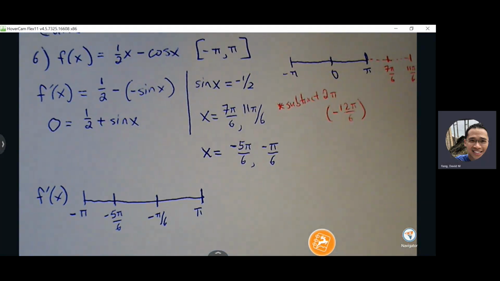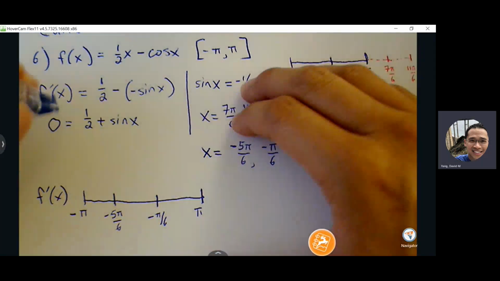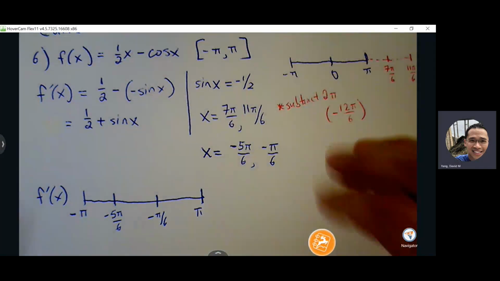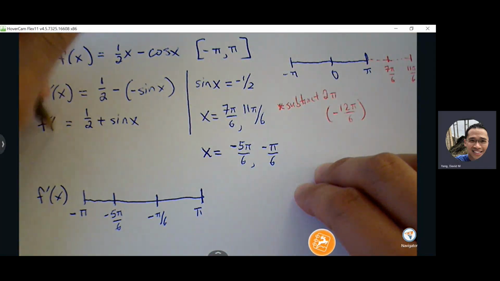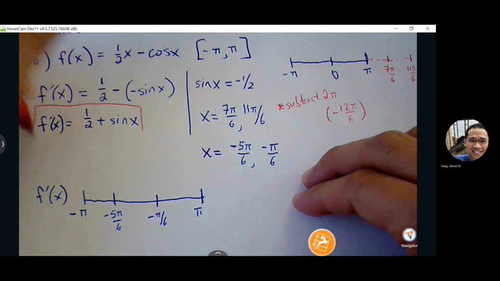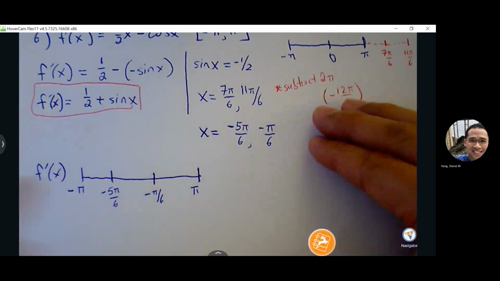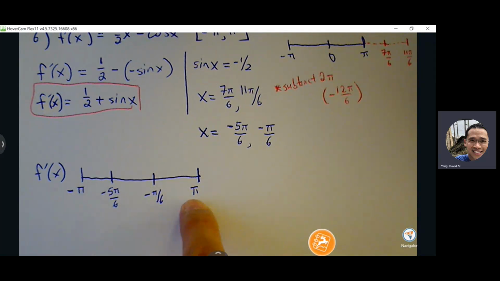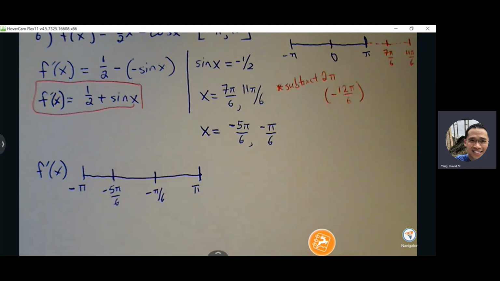Okay, we're going to find some test points, and those test points will plug into our derivative function. Unfortunately, there's not going to be an easy value between negative pi and negative 5 pi over 6. They're really close to each other. But if I can find some behavior, I know that they're going to alternate.